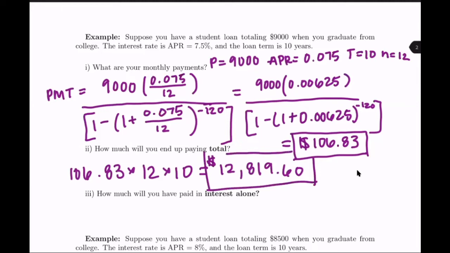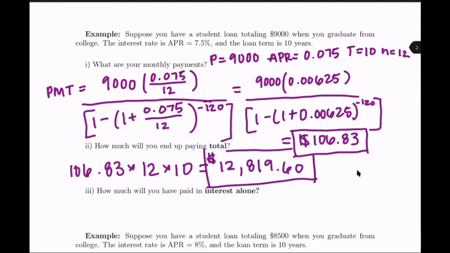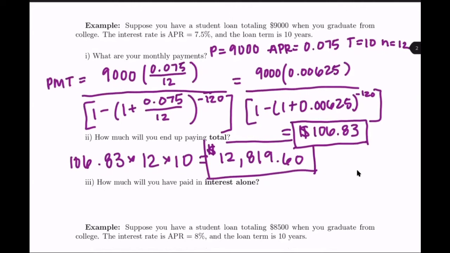All right. And now it wants to know how much we have paid in interest alone. So we know we paid a total of $12,819.60. But we also know our initial loan was only for $9,000.